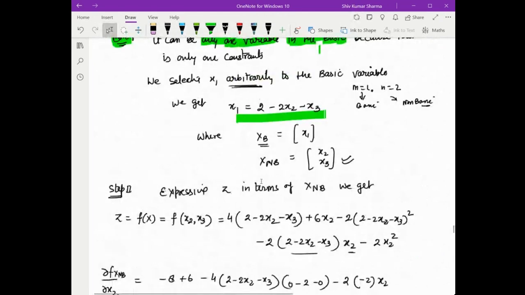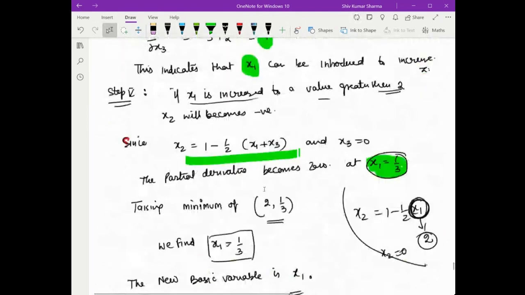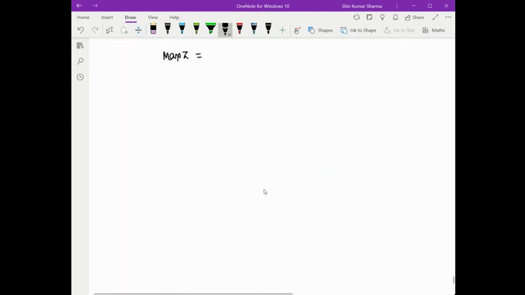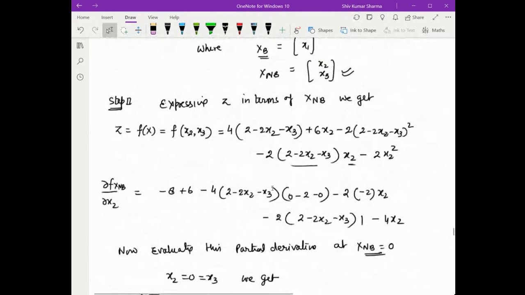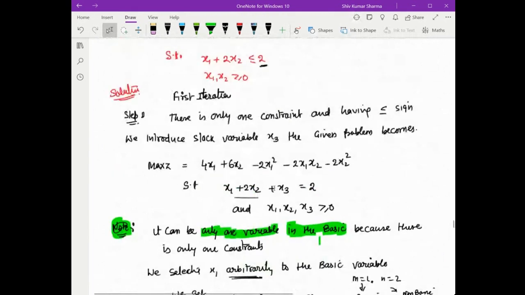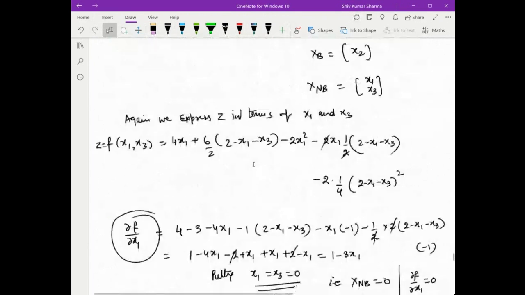So 4x1 plus 6x2 minus 2x1 square, minus 2x1x2, minus 2x2 square.